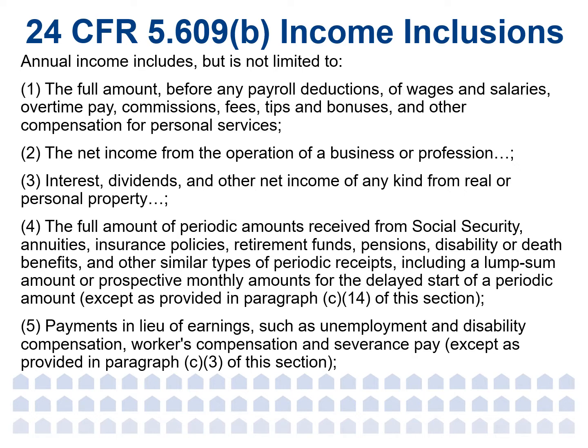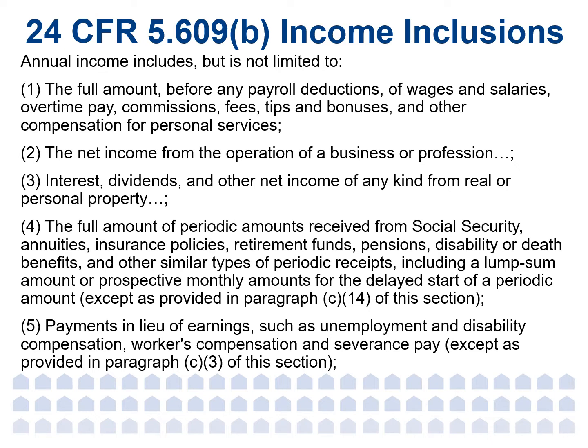Also included in income are payments from Social Security, insurance, retirement, and similar benefits and funds. When Medicaid is deducted from Social Security payments, make sure that you use the gross pre-deduction amount. If the head of household or spouse is at least 62 years old or disabled, Medicaid is an income adjustment, which I'll discuss when we get to the rent calculation, but it is not excluded income.